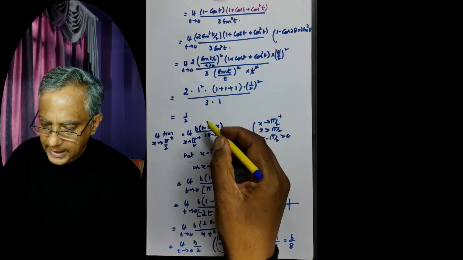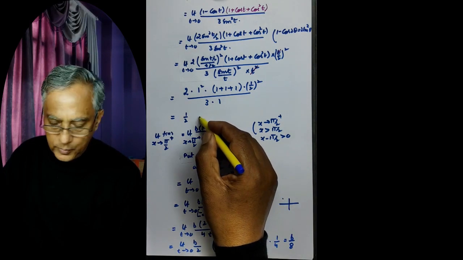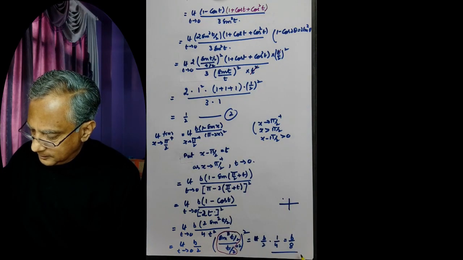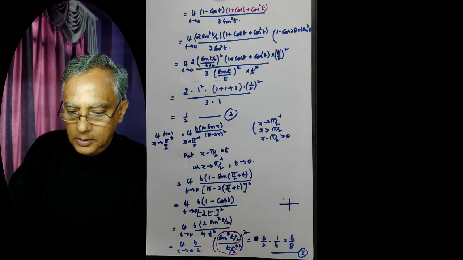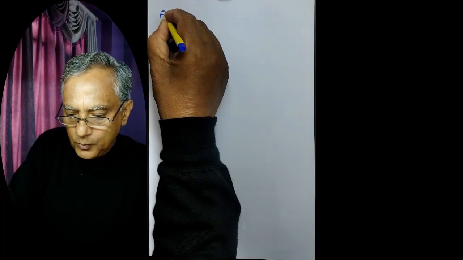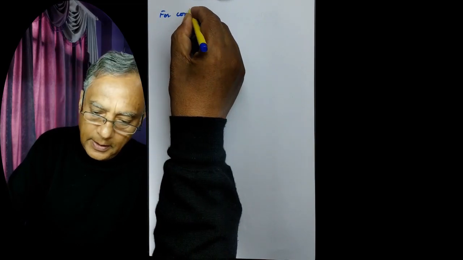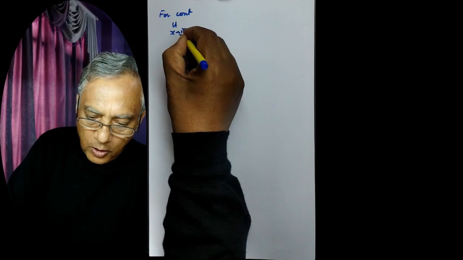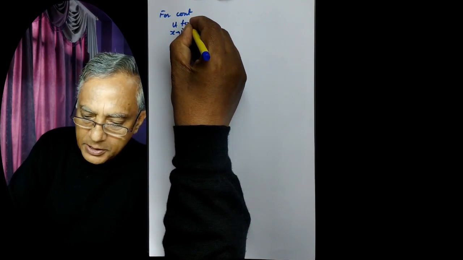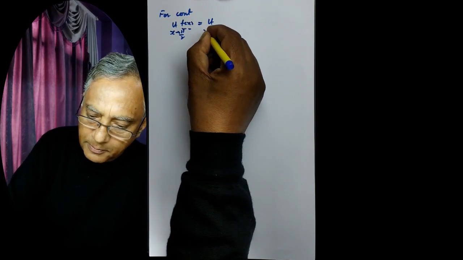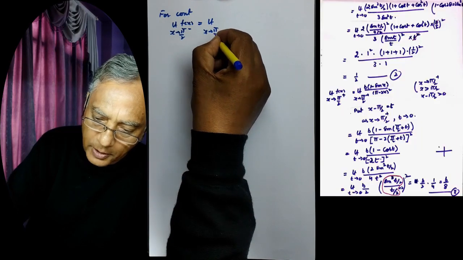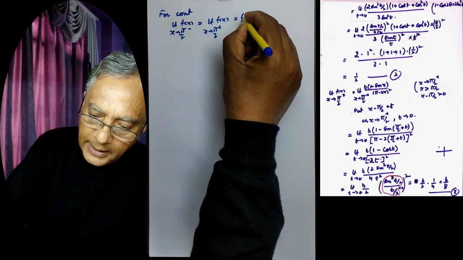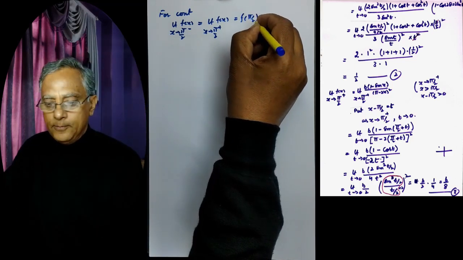Now let this be 2 and this be 3. Now for continuity, limit x approaches pi by 2 from the negative side f(x) must be equal to limit x approaches pi by 2 from the positive side f(x), must be equal to the value of the function at the point pi by 2.